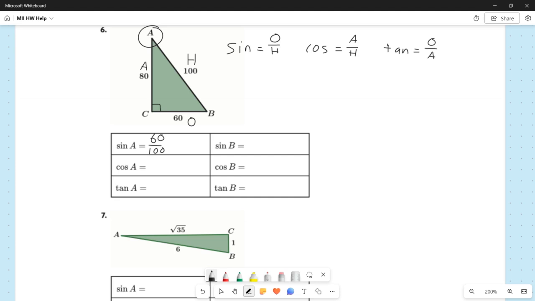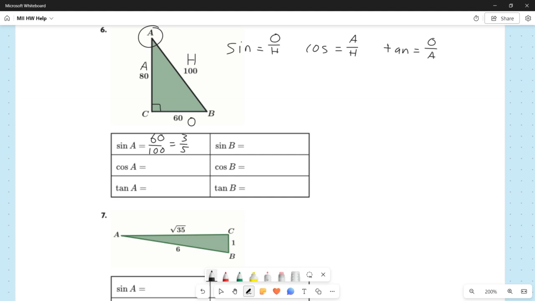If you don't have access to a calculator, you need to identify the GCF of both the numerator and the denominator, and divide that out from both. It turns out that 20 is the largest factor that goes into both 60 and 100. So 60 divided by 20 is 3, and 100 divided by 20 is 5, and that is our final answer.